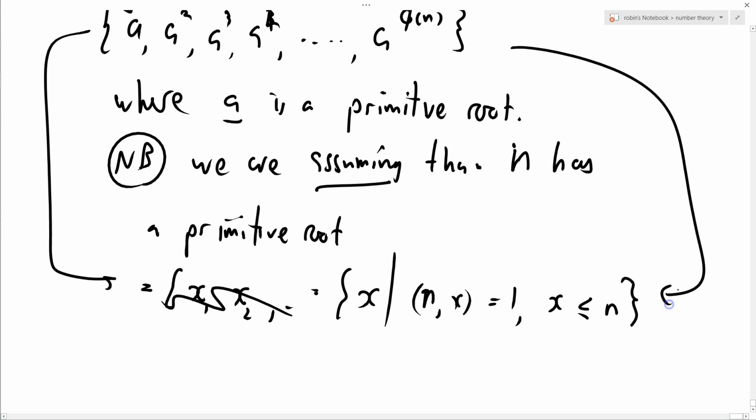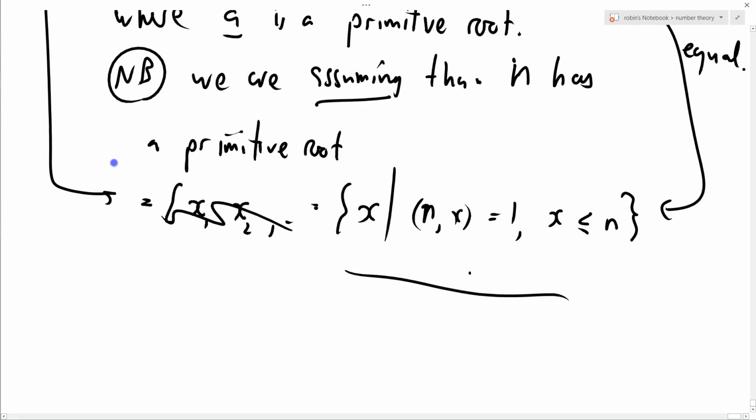These two sets are equal. How do we know that? Well, these guys here are all incongruent, there's no repeats in there, they're all different. And there's no repeats in this set either because they're all different as well. The two sets have got the same cardinality, so they're equal.